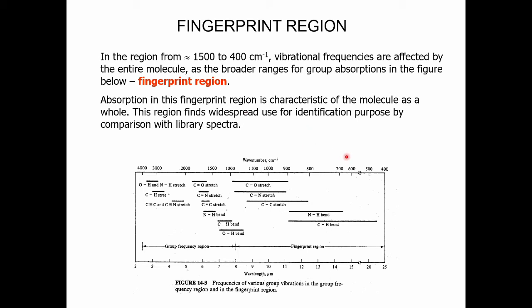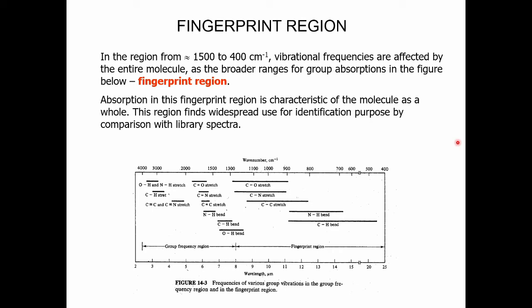So first I'm going to talk about one certain region, the fingerprint region. The fingerprint region is the region anywhere between 1500 to 400 inverse centimeters. And this usually holds the vibrational frequencies of the entire molecule.